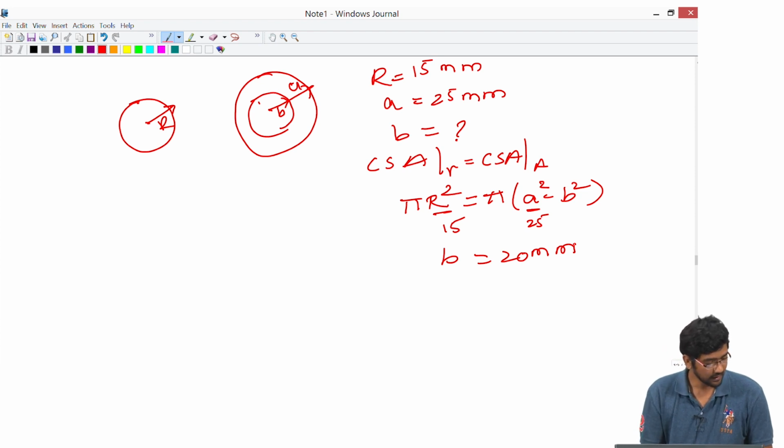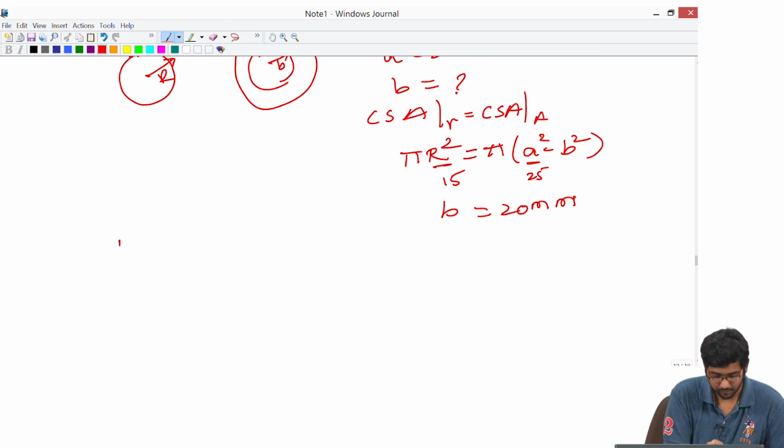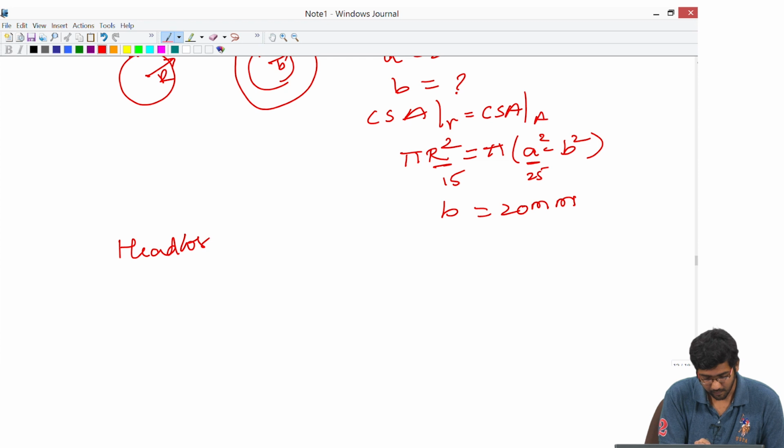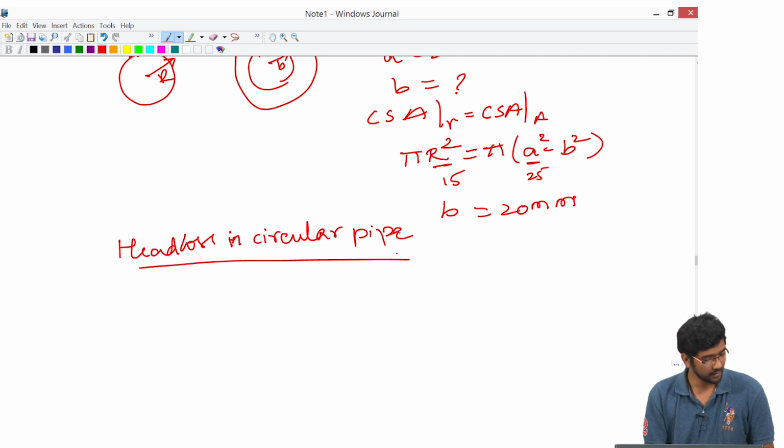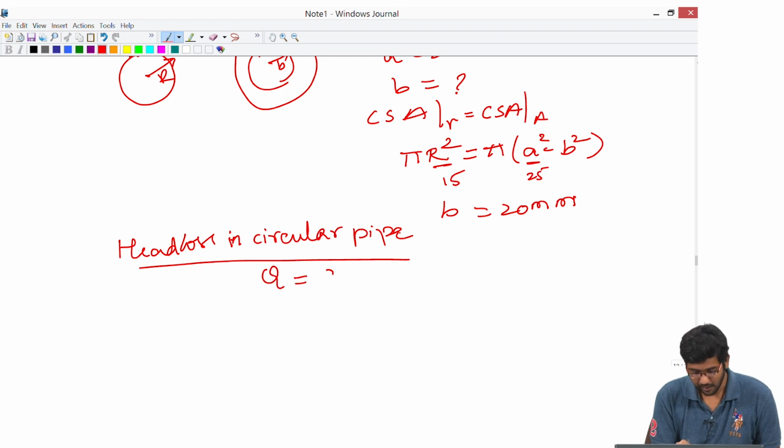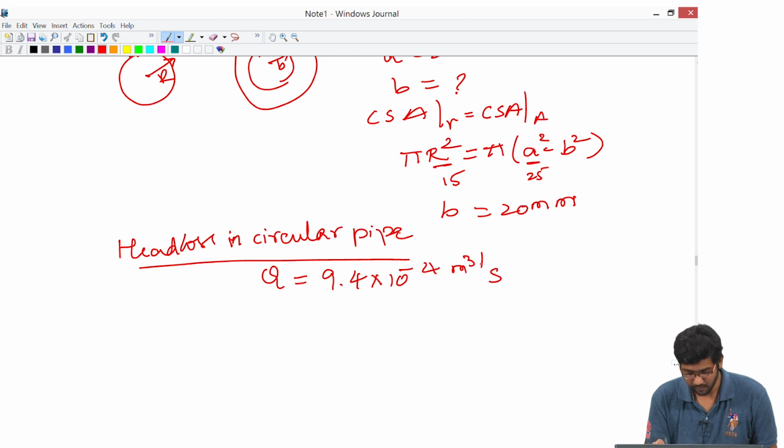Now, we need to calculate the head loss in the circular pipe and the annular pipe. Let us first calculate the head loss in the circular pipe. To do that, first we need to calculate the Reynolds number, and for that we need the velocity. In the problem, the flow rate is given as 9.4 x 10^-4 meter cube per second, and we know the cross sectional area, which is pi r square.